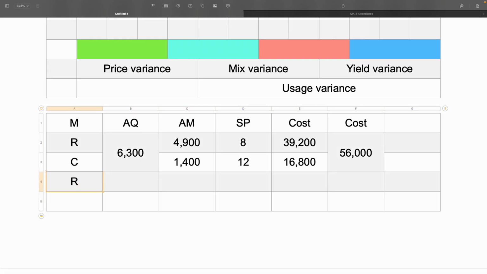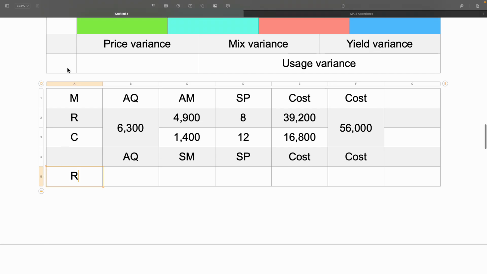Our item is going to be AQ, SM, SP. Okay, let's look at the item here.